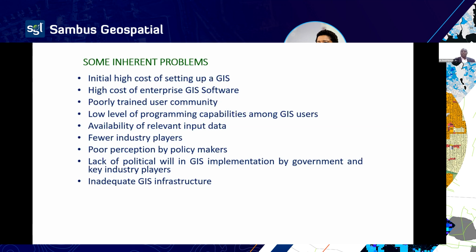But if we are talking about an organization or a state, of course, that is often one of the major issues. And then, of course, the high cost of enterprise GIS software.